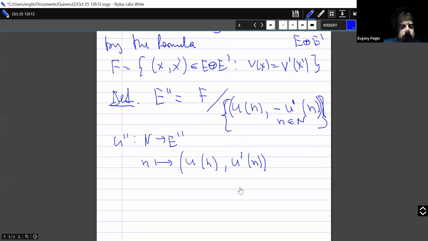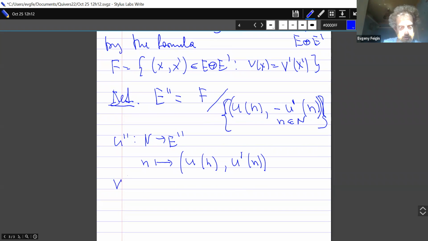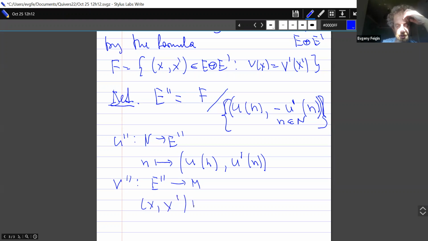And we also need v double prime from E double prime to m. And the definition here works as follows: x, x prime goes to v of x.